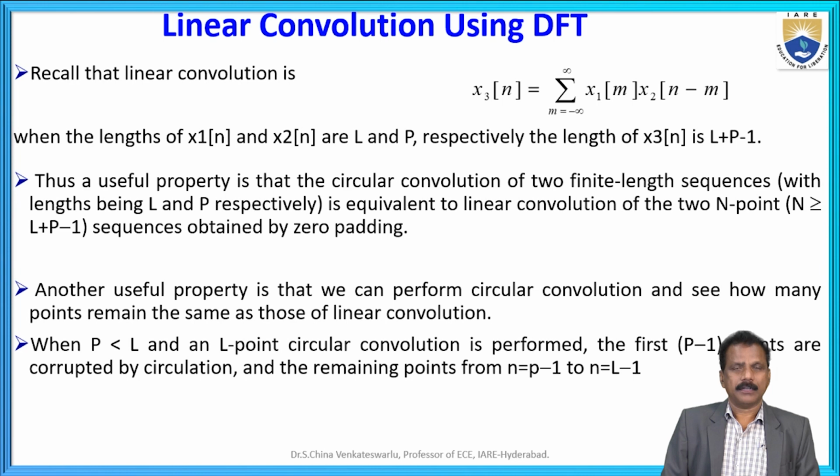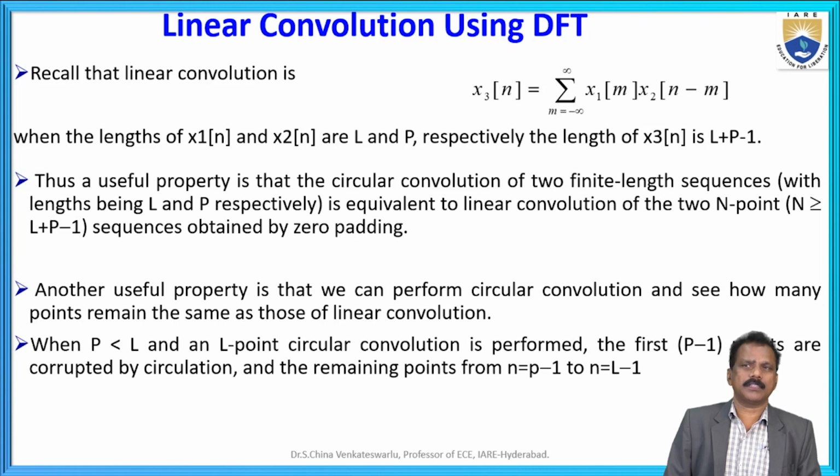When P is less than L and an L-point circular convolution is performed, the first P minus 1 points are corrupted by circulation. The remaining points, from n equals P minus 1 to n equals capital L minus 1, we will interpret in linear convolution with circular convolution.